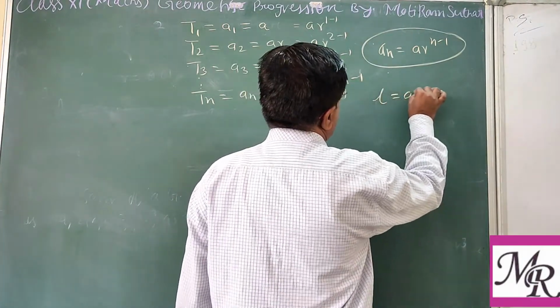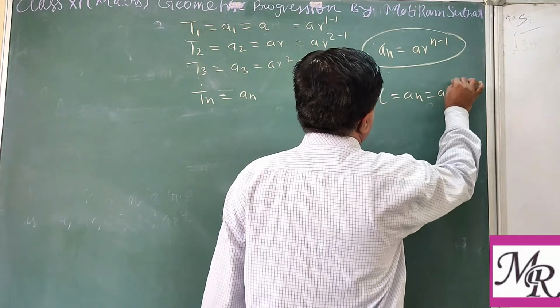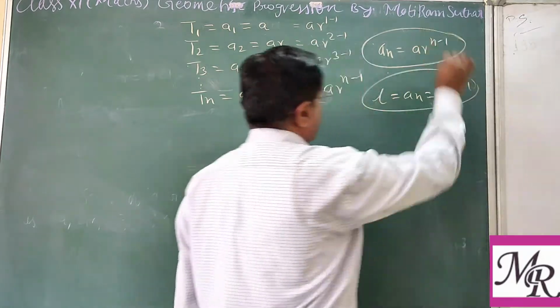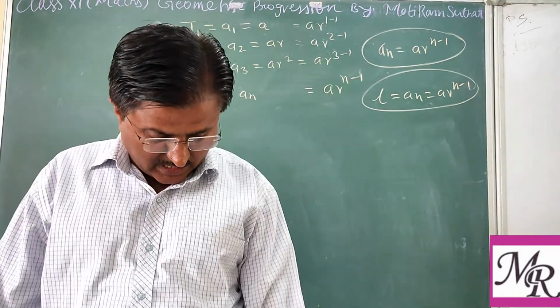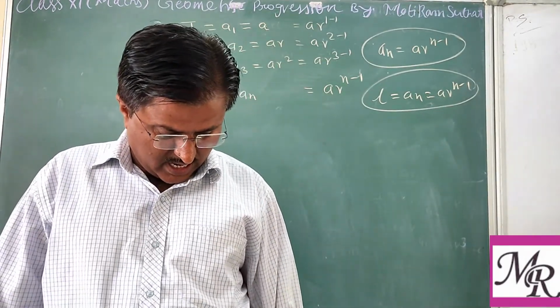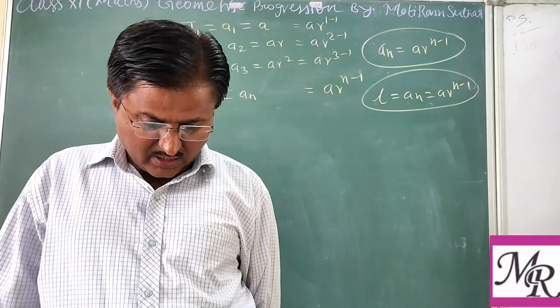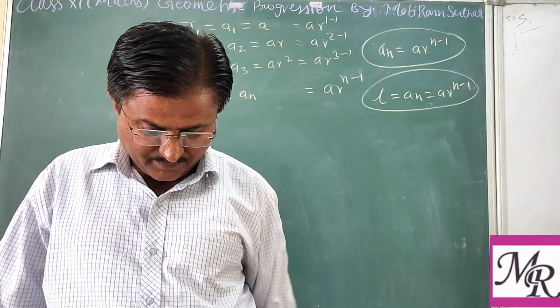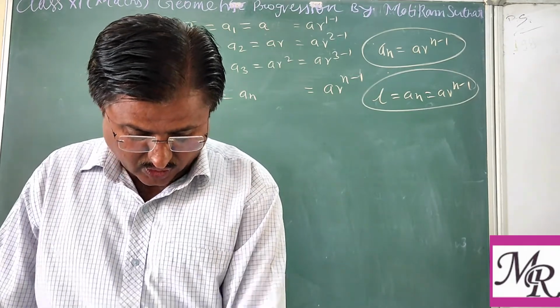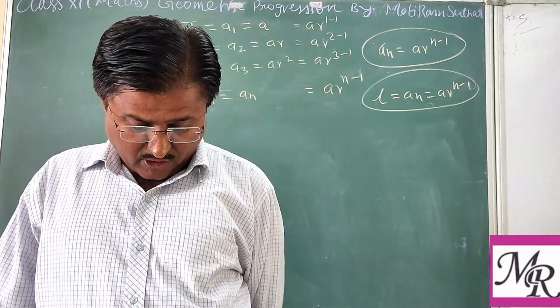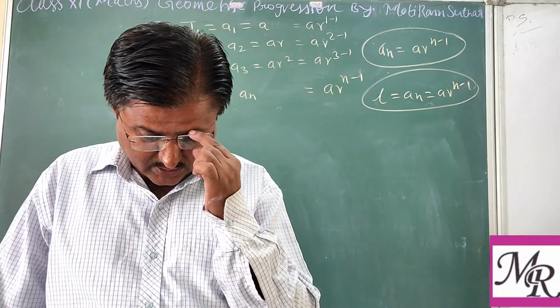So L equal to AR power n minus 1 may also be written if there are n terms. Then the last term is given by this formula. Clear? So in this way one can find the value of the nth term of a GP.